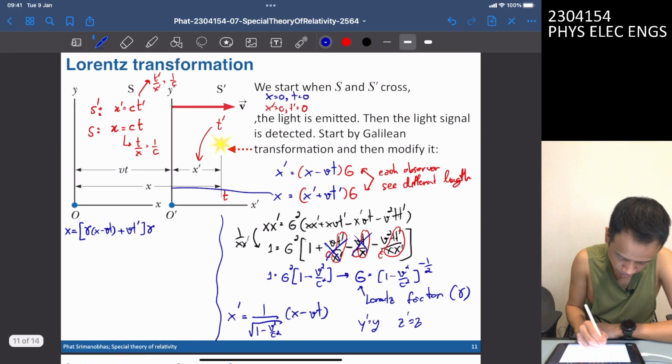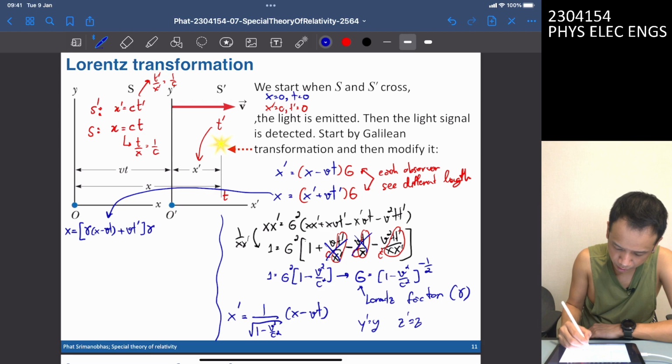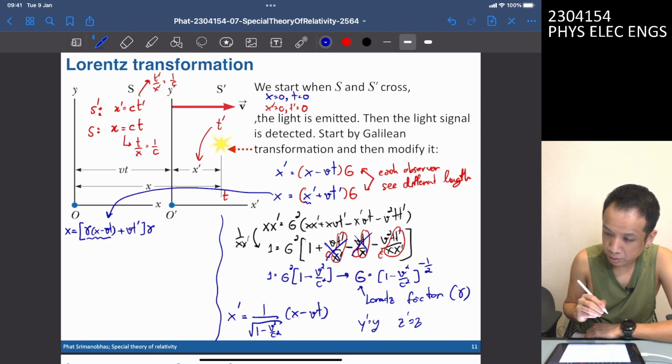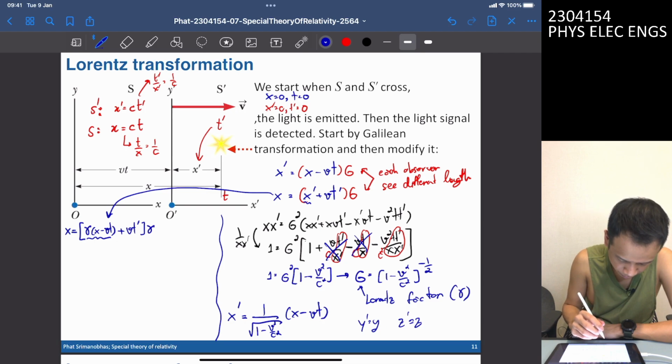You use this one, putting the x prime into this term.